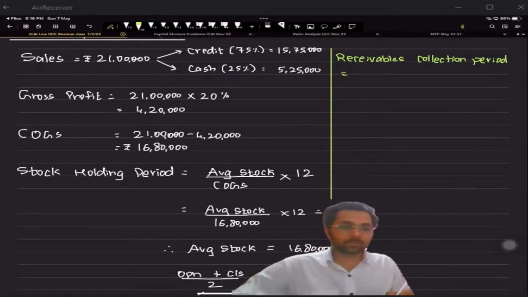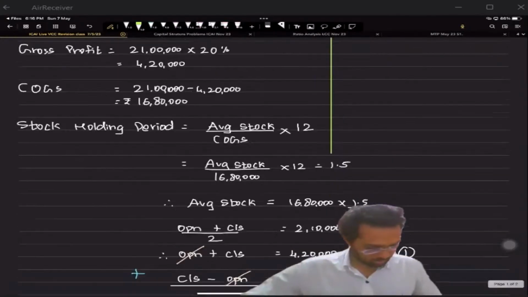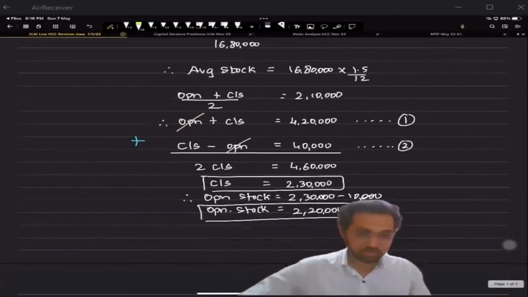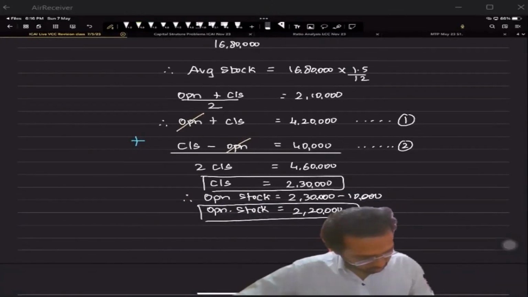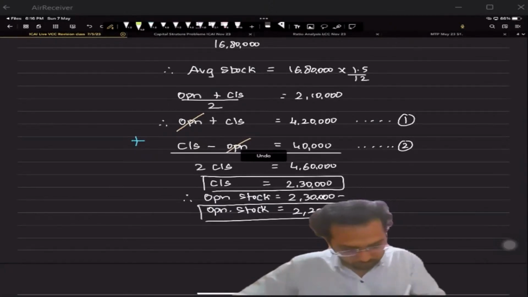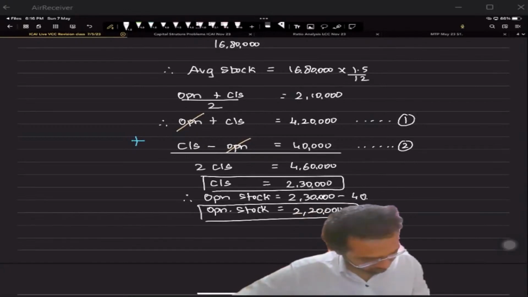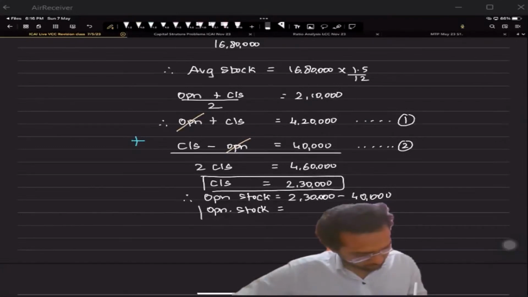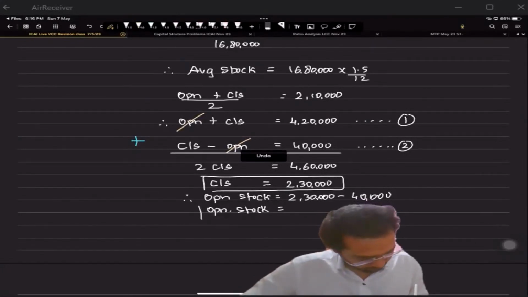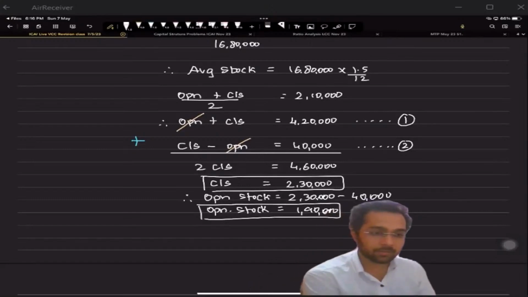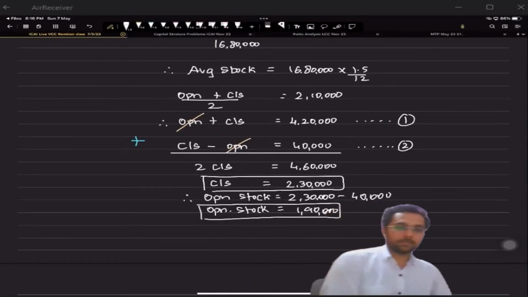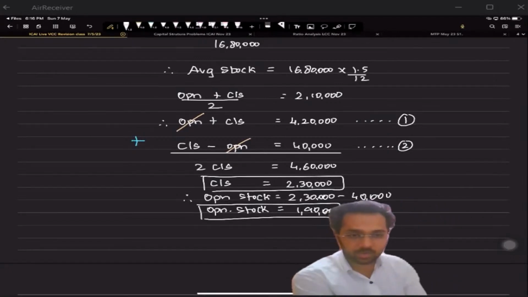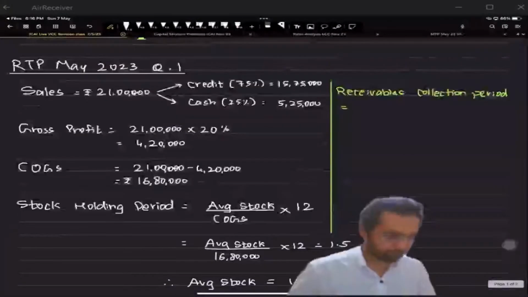Difference is 40,000. Okay, Himanshu, right? So the opening stock is going to be lesser by 40,000, so this is minus 40,000. Opening will be 1,90,000, correct? I hope that is clear, Diksha, Himanshu.